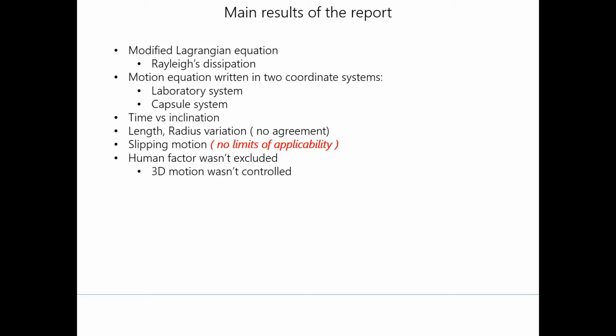Also, the reporter was able to make a theoretical prediction for the time needed for the ball to go down as a function of inclination angle. Unfortunately, it was a little bit unclear because we saw some oscillations there, and the reason for this oscillation wasn't explained.